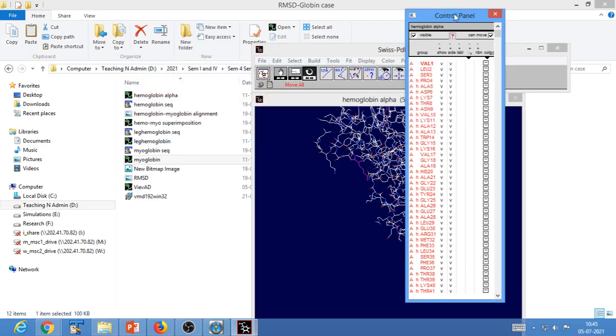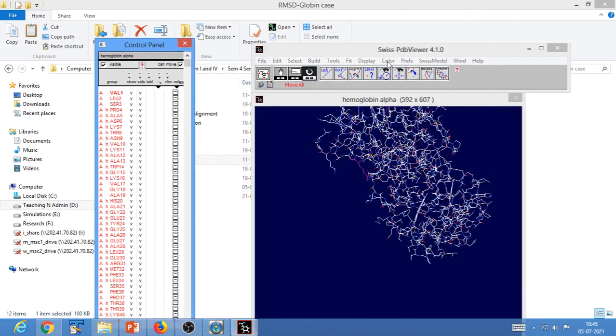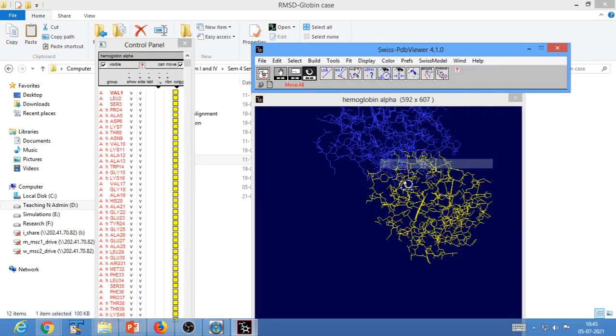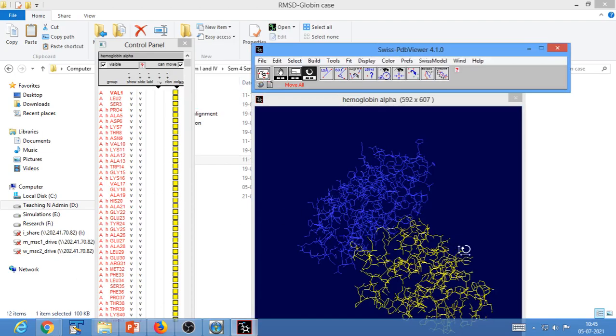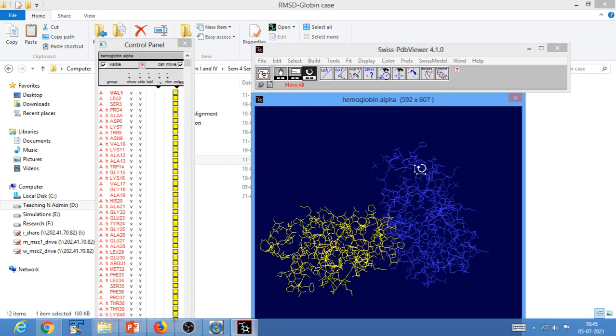Now if I color it by layer, what you can see is that the yellow colored structure is your hemoglobin, alpha chain of hemoglobin, and the blue colored structure is your myoglobin.